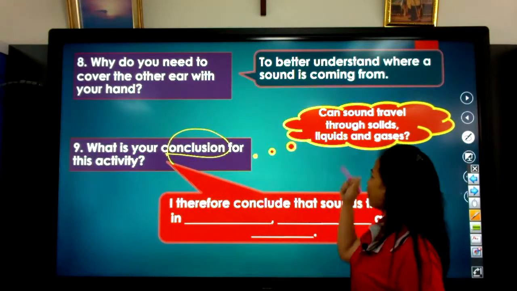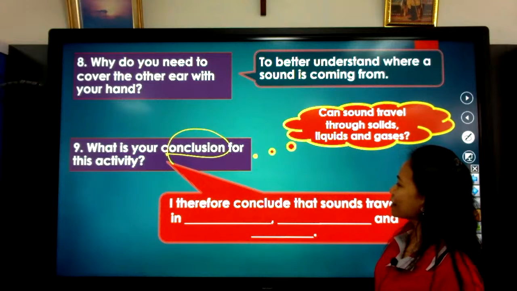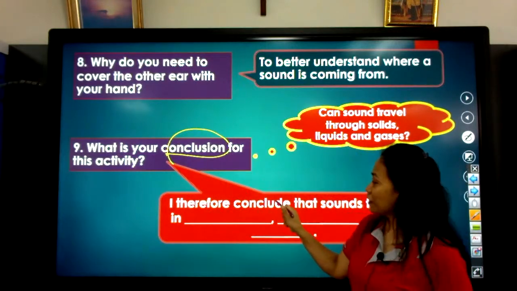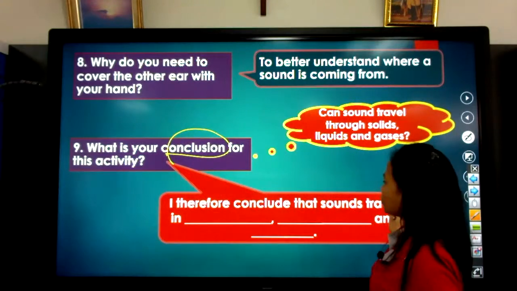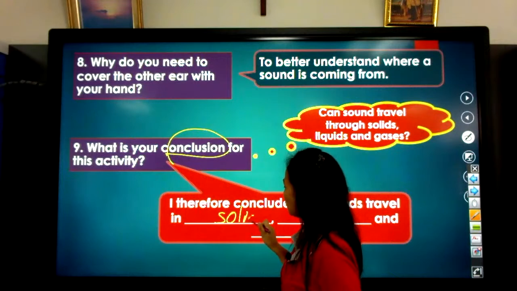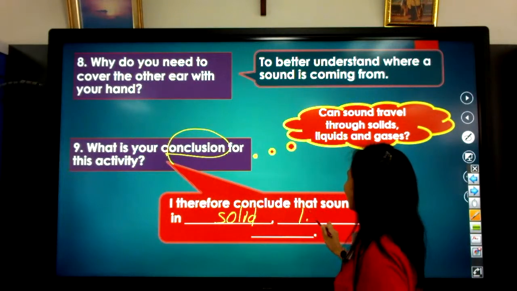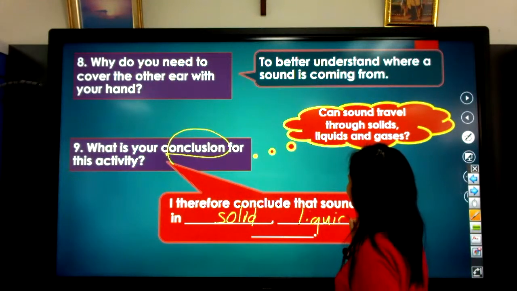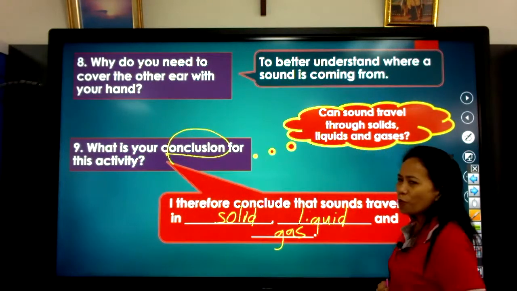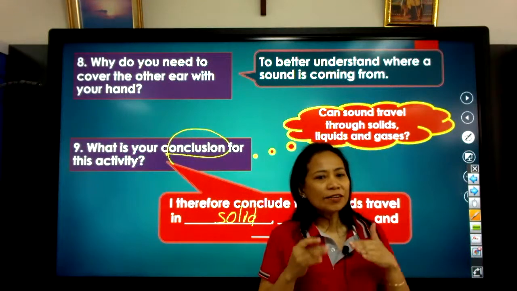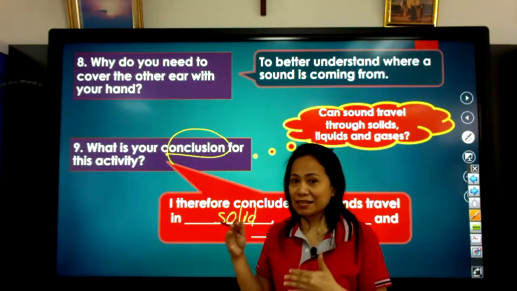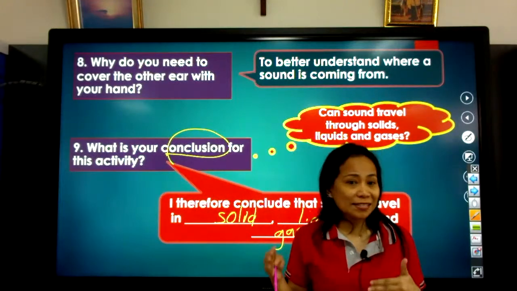So, sound travels in solid, liquid, and gas. So, your conclusion should be, I therefore conclude that sounds travel in solid, liquid, and gas. Okay, so why are there differences in the transmission of sounds? Why are they not the same?